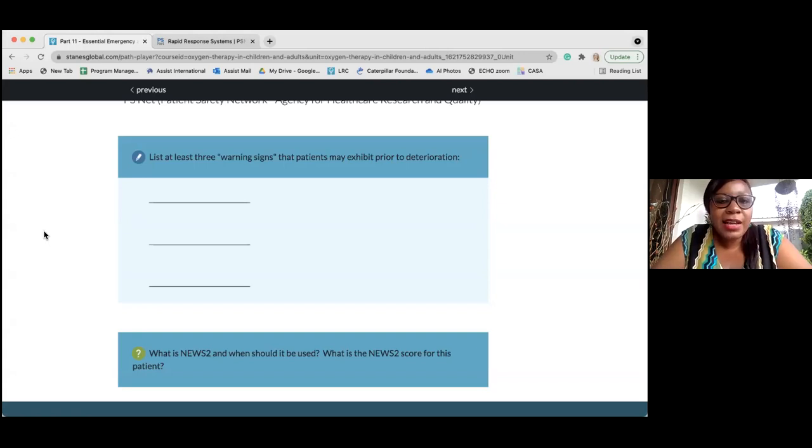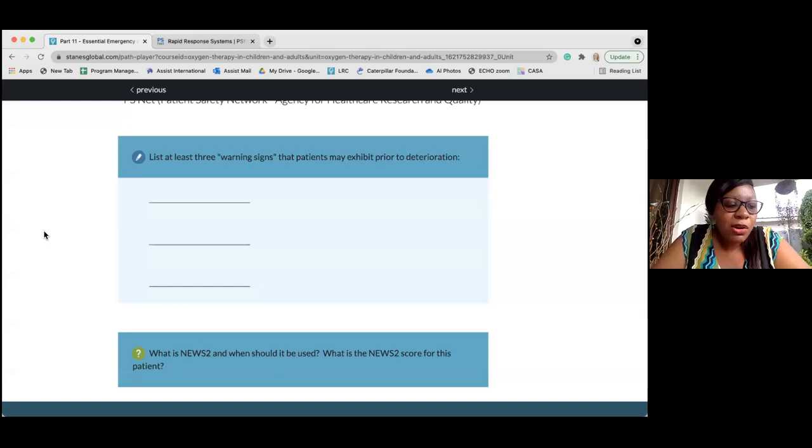We heard from the excerpt that I read that vital signs may be deranged before a patient deteriorates. So vital signs such as the heart rate may be increased above the upper limit of normal. So typically a heart rate above 140 would tell you that this patient is changing condition.